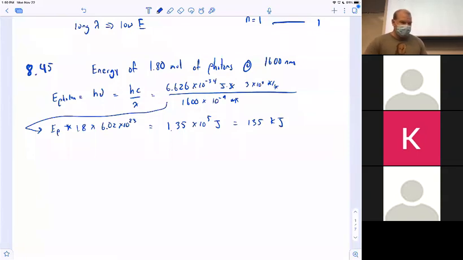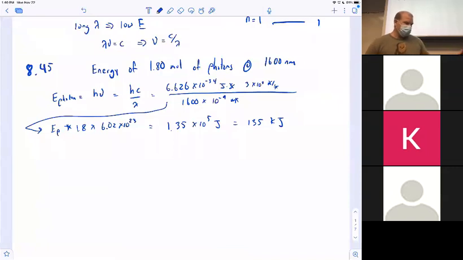Recap with this one. If you have 1.8 moles of photons at a specific wavelength, you have to calculate the energy of the photon, and that equals Planck's constant h times the frequency. Wavelength times the frequency is the speed, which implies that the frequency is the speed divided by the wavelength.